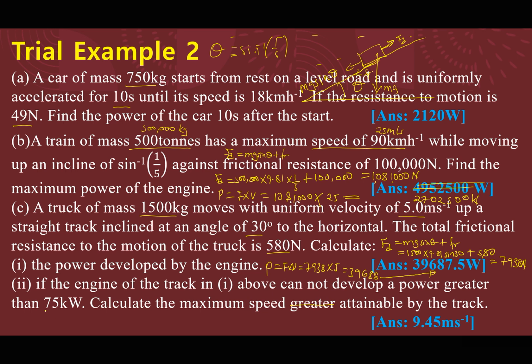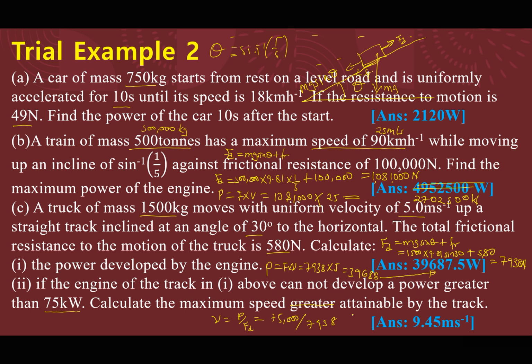If the power is 75 kilowatts, that means the driving force remains the same. So we want to find the speed. We just make V the subject. So V is going to be the power divided by the driving force. So this is going to be 75,000 divided by the driving force, which is 7938.